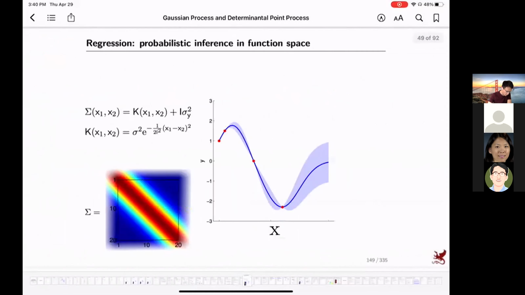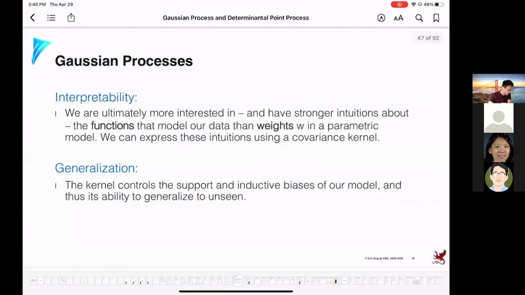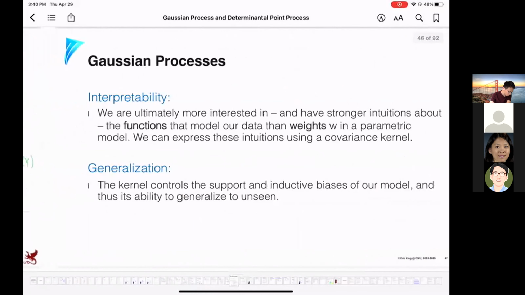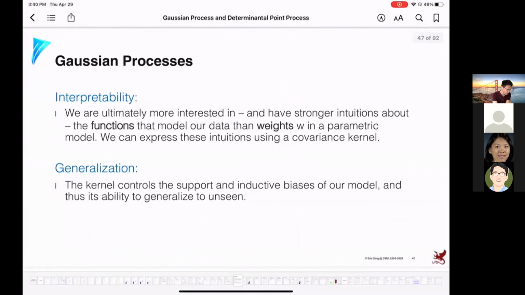So maybe I will see where is a good stopping point, and then maybe we can continue next time. We discussed a lot about how to interpret Gaussian process, but here are 2 points that Eric Xing emphasized. So I want to bring this up as well.